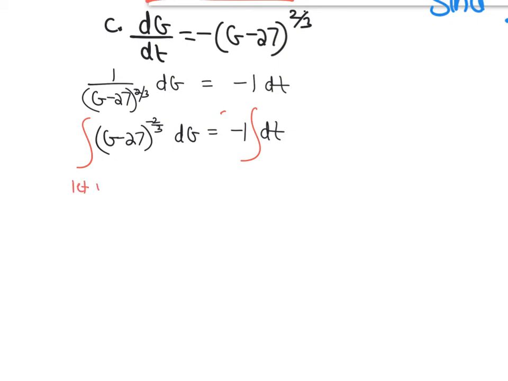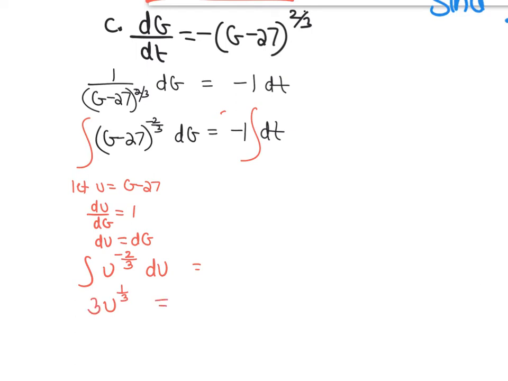If I let u equal G minus 27, du/dG equals 1, du equals dG, and now I can plug that in to integrate. So I add 1 to my exponent, divide by 1/3, which is the same thing as multiplying by 3. The integral of -1 dt is just -t plus C.